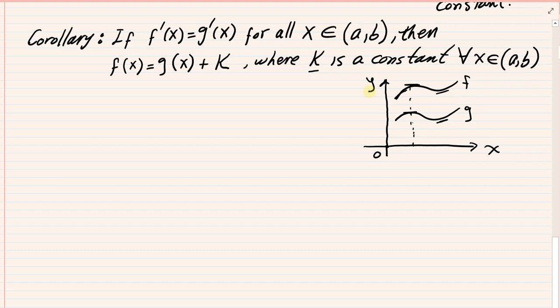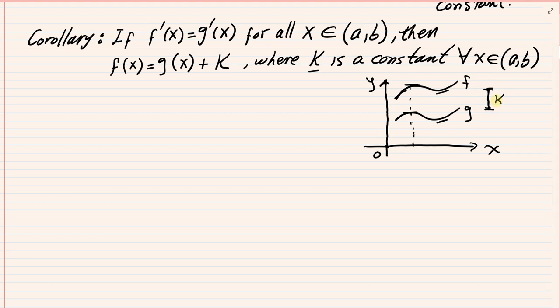As long as x is inside an open interval from a to b, then the consequence of this theorem is that f of x should be g of x plus k. That means the two functions differ by a constant. Okay, and in this case, this is where the k is, the difference between the two functions at every point. And k is a constant.